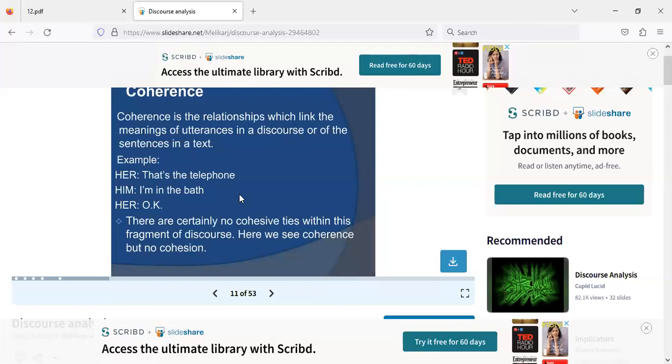Right. Okay. Anyone else? Yes, good. Anyone else? How do you understand this? What can you say about it? There is coherence, but grammatical relationship is lacking. Yes. Okay. So you get some understanding, right?